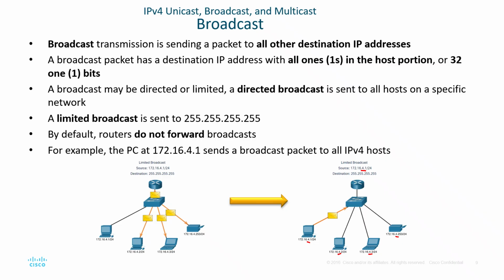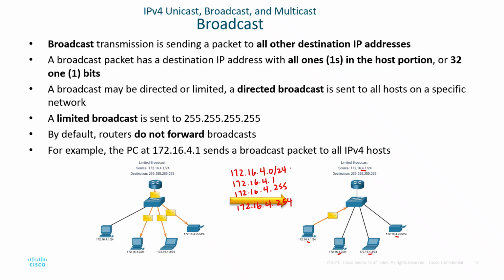So the broadcast here, this would be the network. So the broadcast would be, first usable would be, and the broadcast would be, and the last usable would be, okay?